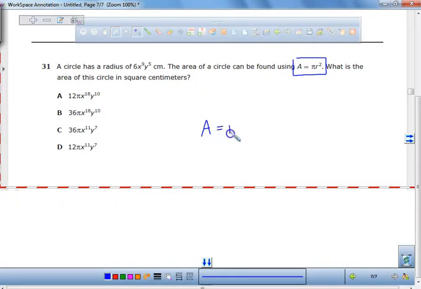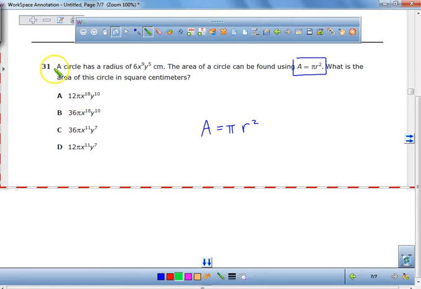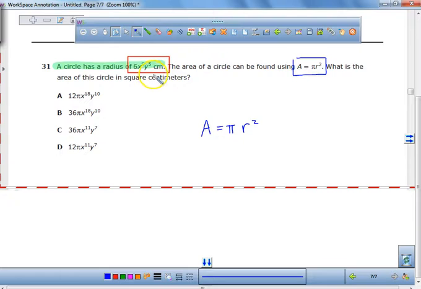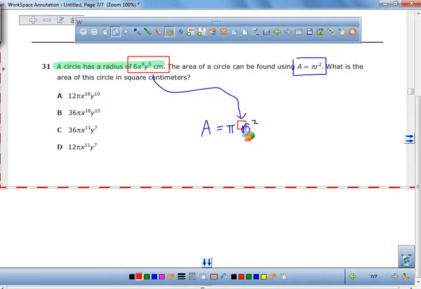Okay? Pi r squared. Now, did they give us the radius? See the radius anywhere? I see it right there. So what are we going to do with this? We're going to take it and plug it in right here. Here's how it works.